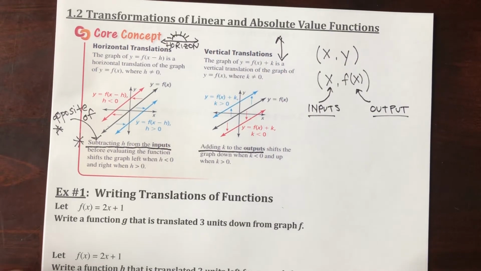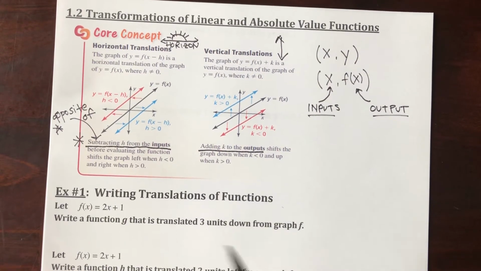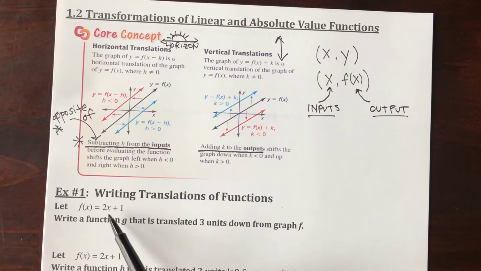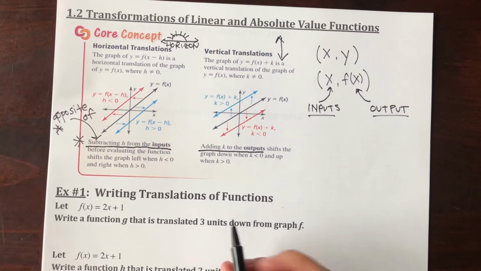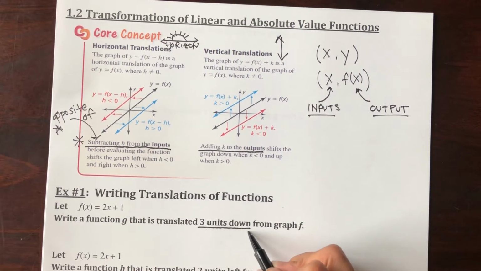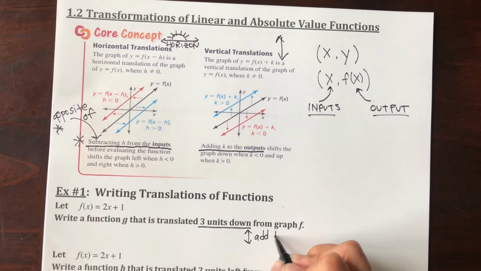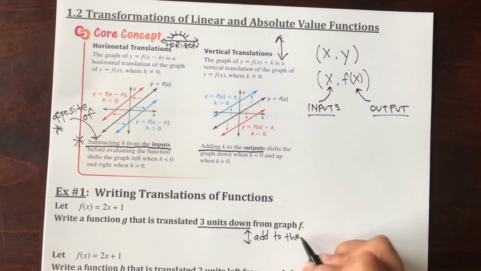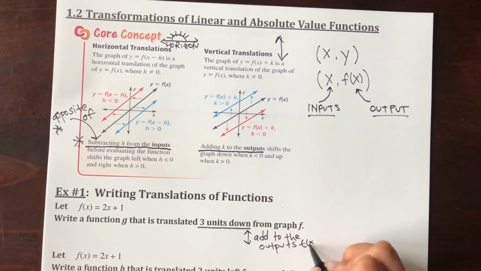All right, so let's try a couple examples. We're going to write a function that has been shifted, translated. Here's our function, f of x equals 2x plus 1, and we're going to write function g that is translated 3 units down. Down is a vertical translation, which means we're going to add to the outputs, which is f of x.